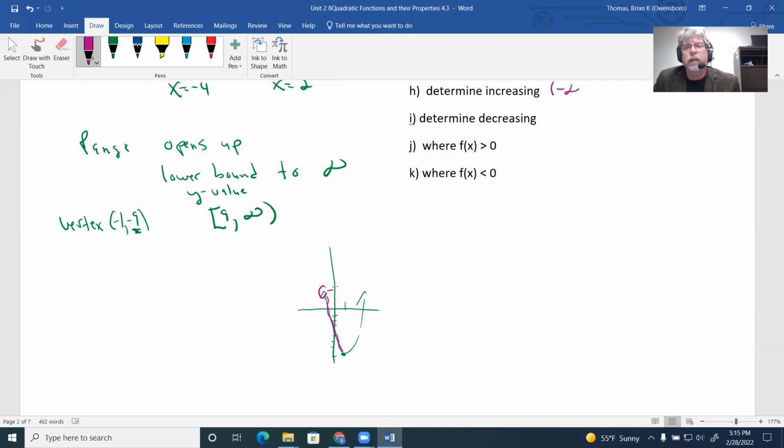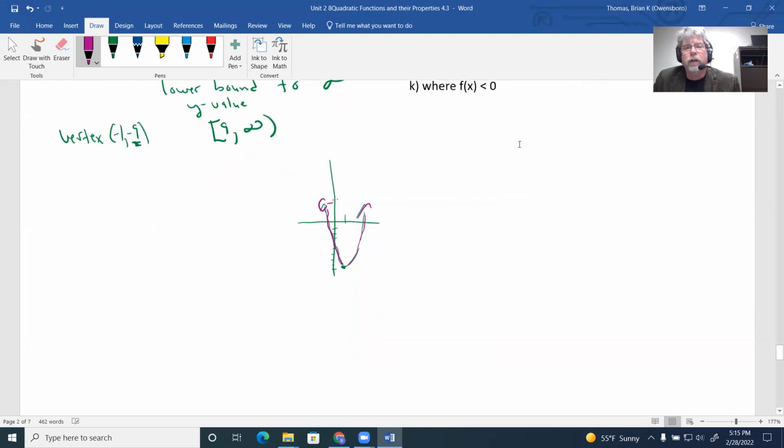So that's negative infinity to -1, including -1. And then at -1, the graph turns around and starts going up and starts to increase. So from -1 to infinity, the graph is increasing.